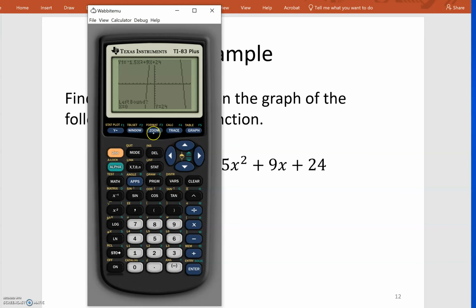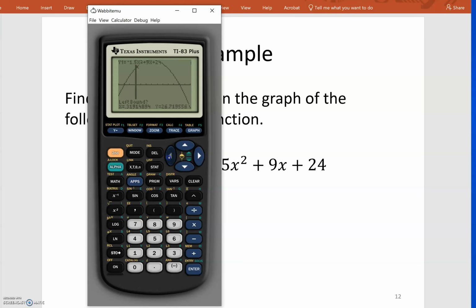Actually, before I do that, let me change my picture a little bit to make this nicer. I'm just going to do zoom fit so I can have the whole thing in the picture. All right, so I want to find this 0 first, so I go to second calc 0. It asks me for left bound, so I need to move my cursor to the left of that 0.